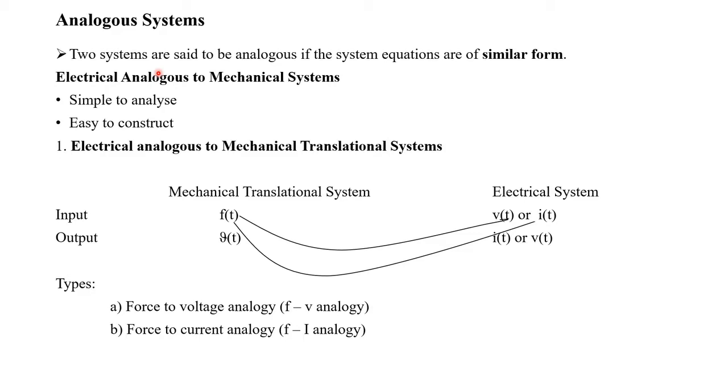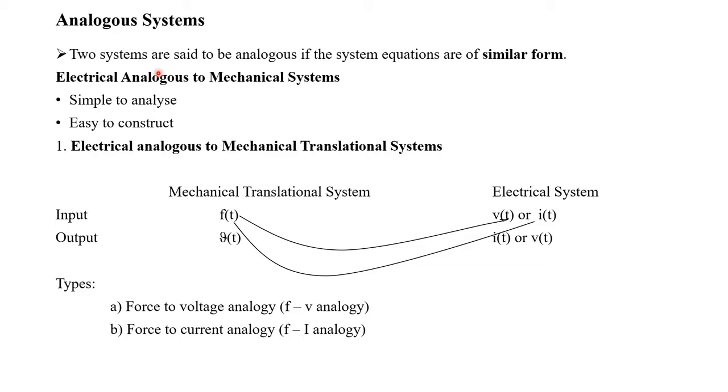Now we will see about the electrical analogous to mechanical systems. Here we are transforming the mechanical systems into the electrical system. Why are we transforming mechanical systems into electrical systems?